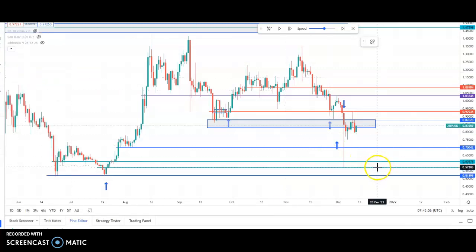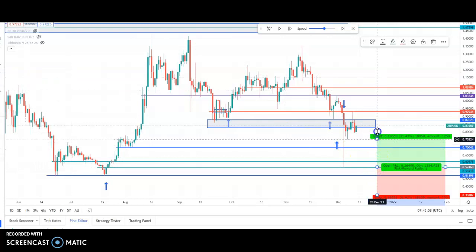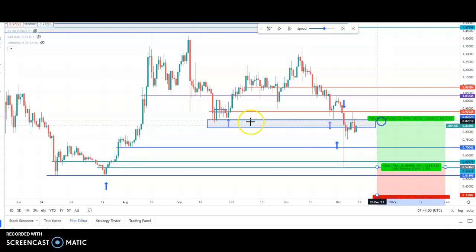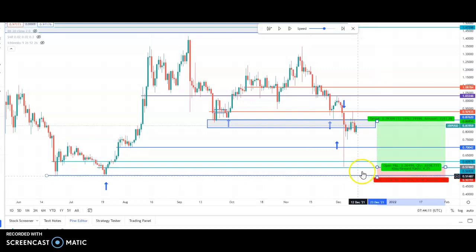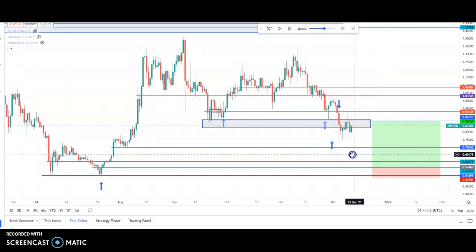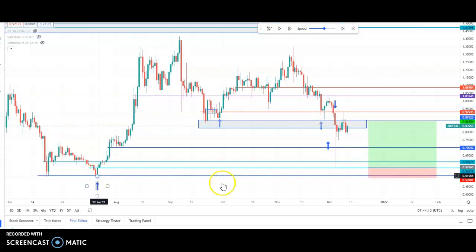If you had a buy order here, your take profit would probably be here, and your stop loss would simply be right underneath your order block, right underneath the wick of the order block.